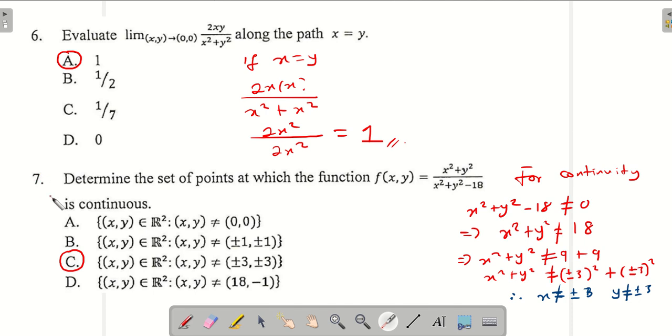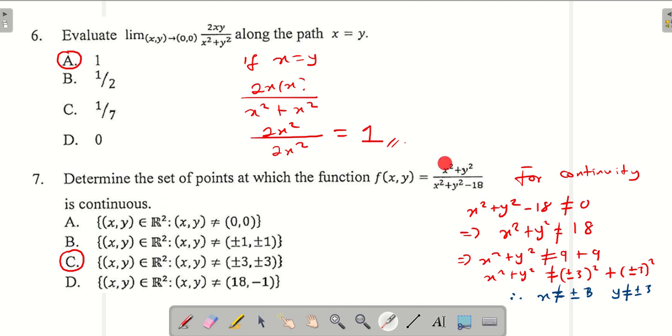Let's go to question 7. Determine the set of points at which the function f of x, y equal to x squared plus y squared all over x squared plus y squared minus 18 is continuous.